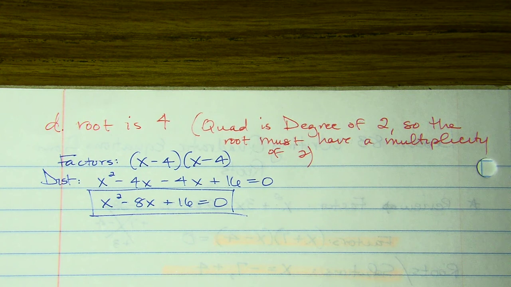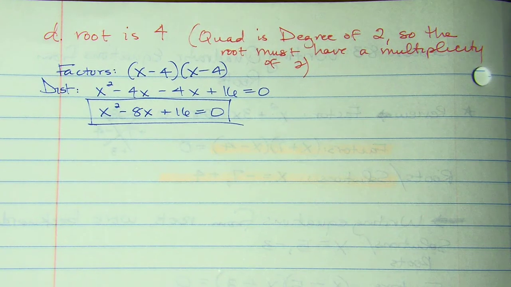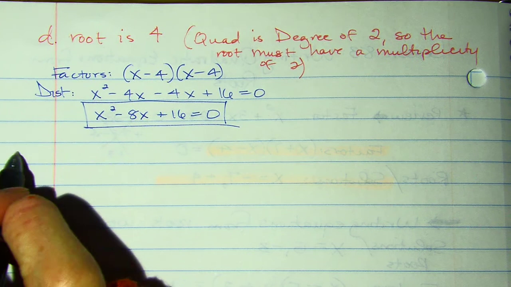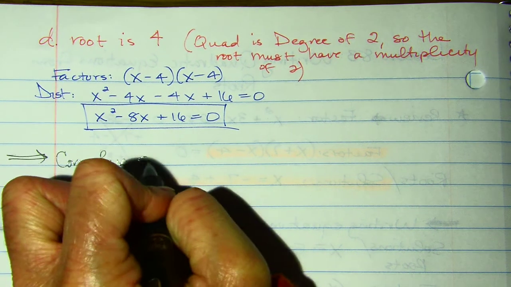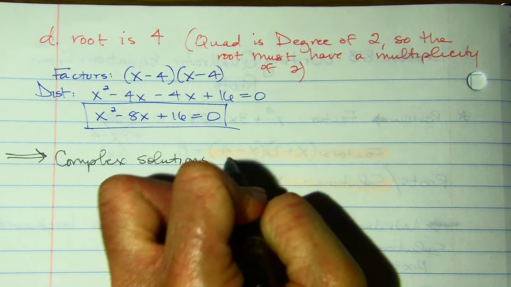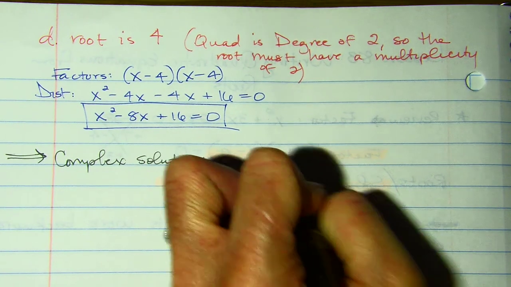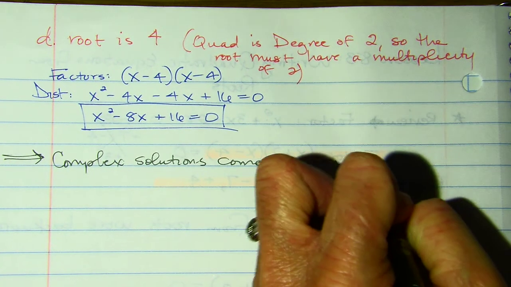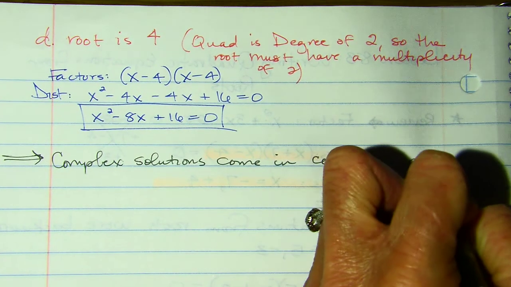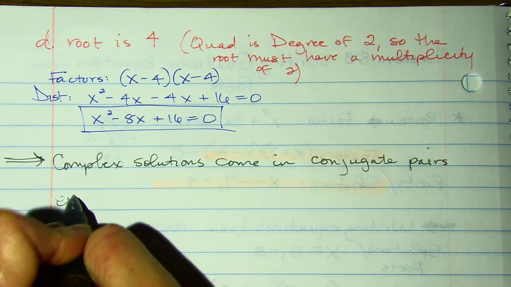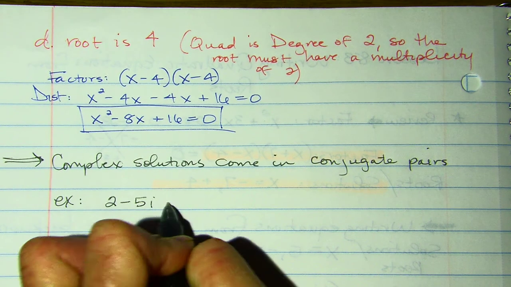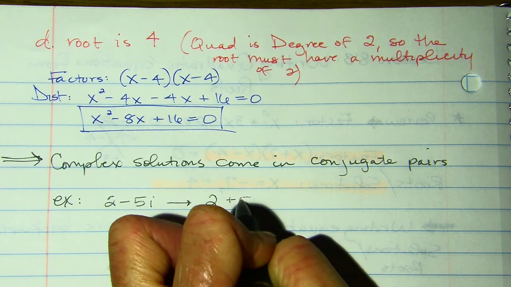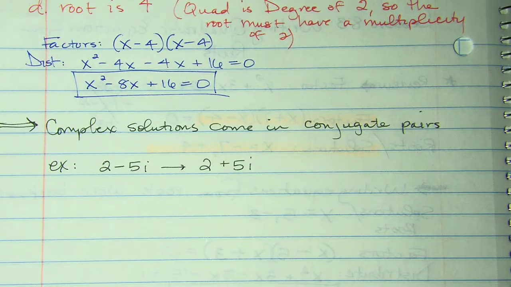Now, the next couple have to deal with complex solutions. Complex solutions come in conjugate pairs. For example, if one of my solutions is 2 minus 5i, then I know that I have 2 plus 5i as a solution as well.